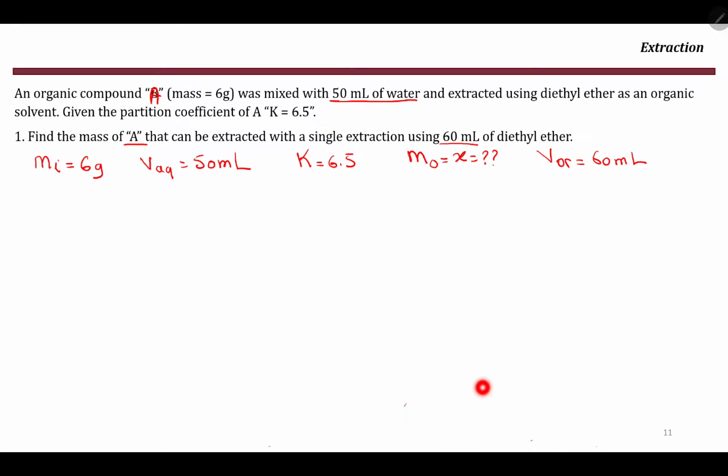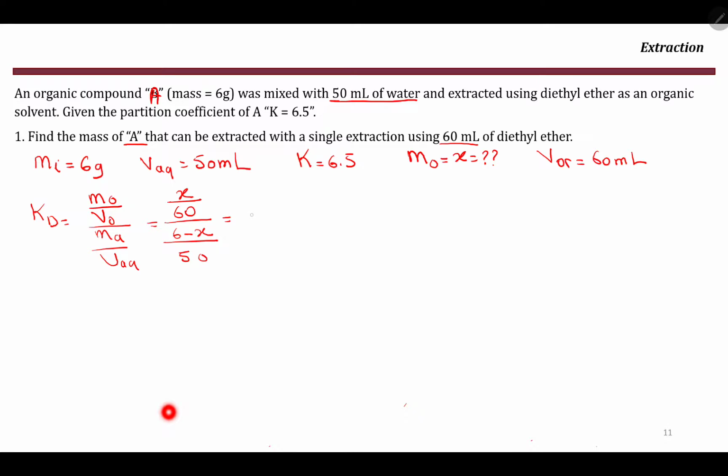So this is similar to what we did before, but we are going to use the numbers here to compare them with the multiple extraction process. So again, KD is equal to mass organic over volume organic, over mass aqueous over volume aqueous. Mass organic is x, the unknown. Volume organic is 60. Mass aqueous is, again, remember, always mass initial, which is 6, minus organic, which is the unknown x, divided by V aqueous, which is 50.